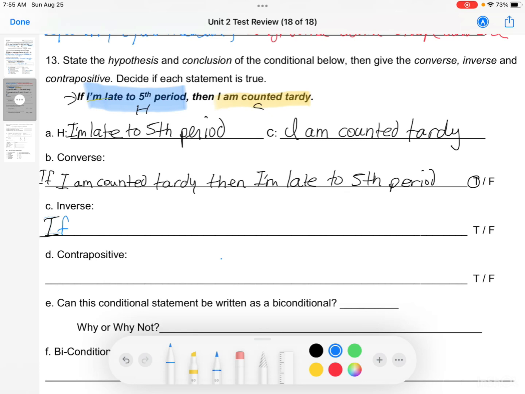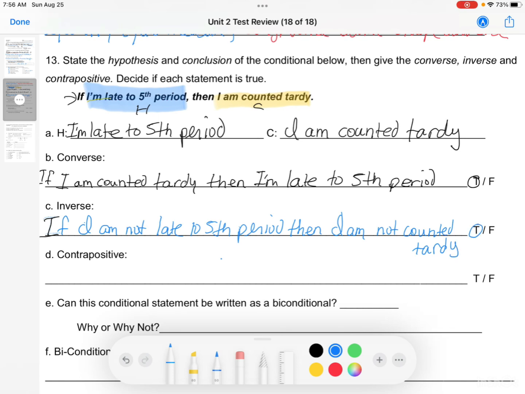If I am not late to fifth period, then I am not counted tardy. Okay, and that is also true.